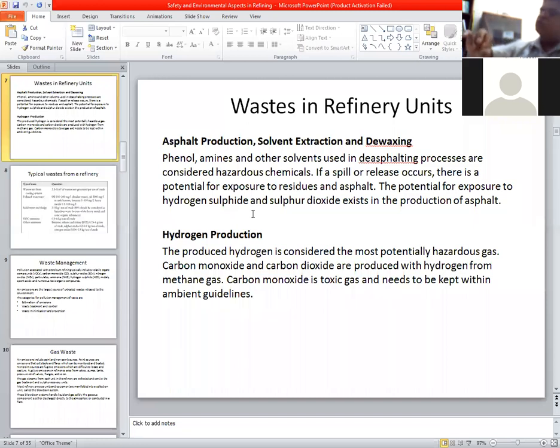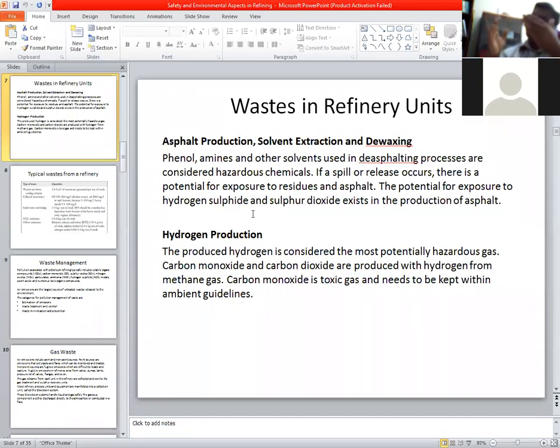In the asphalt there is also another unit before it is used as asphalt. There is another unit called the de-asphalting unit, because de-asphalted oil can also be converted into gasoline.